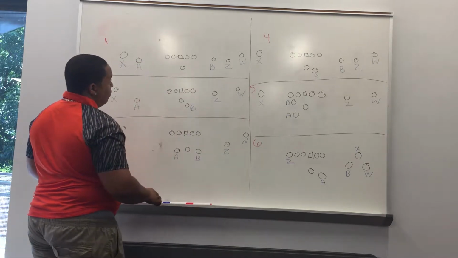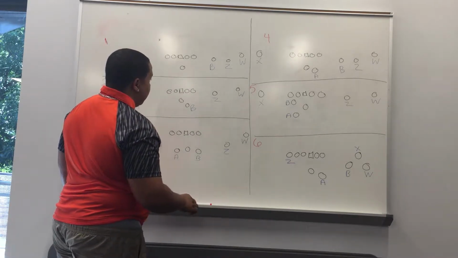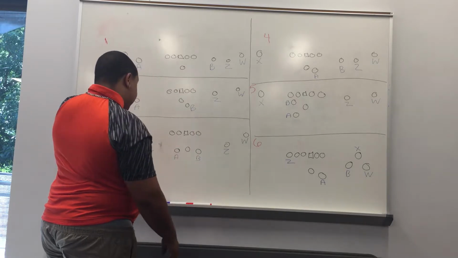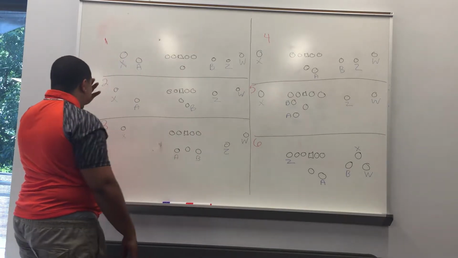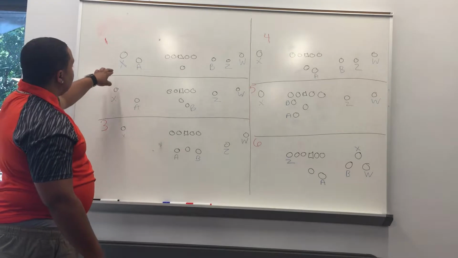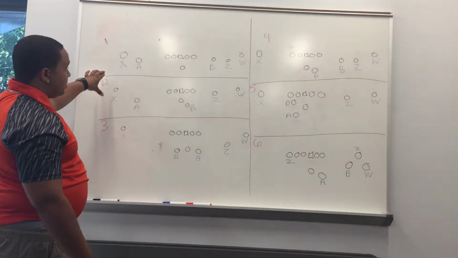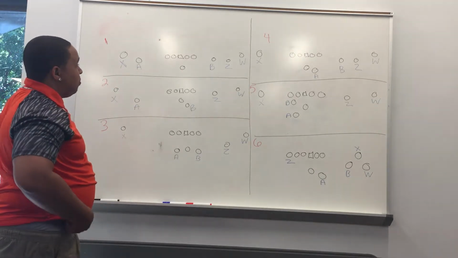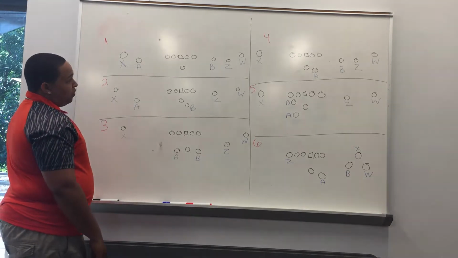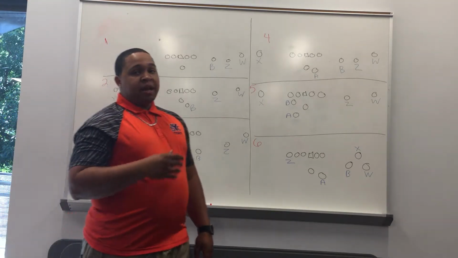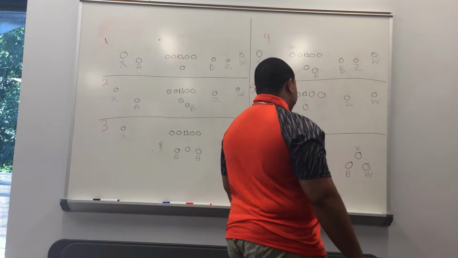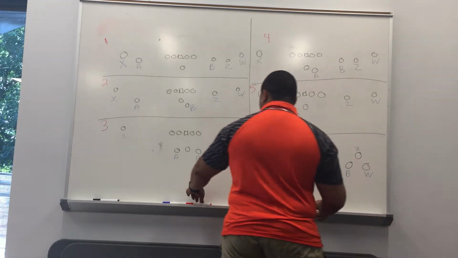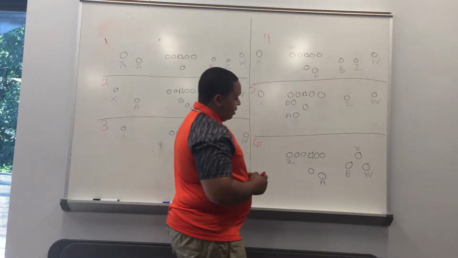But these are our formations, and as you can see, all of our formations use the same naming scheme for all of our personnel groupings. So all of our formations go X, A, B, Z, W, except for formation 6.